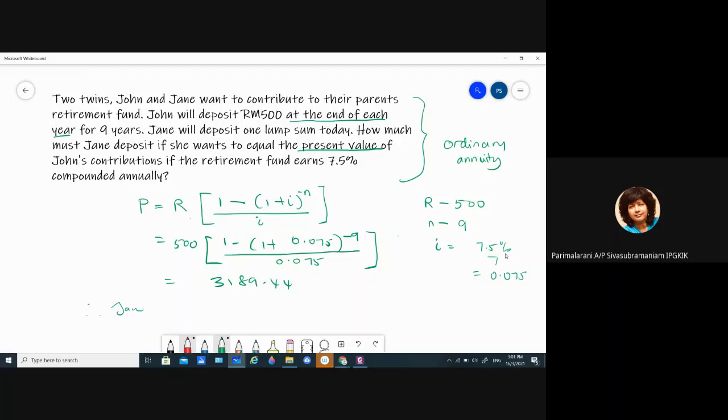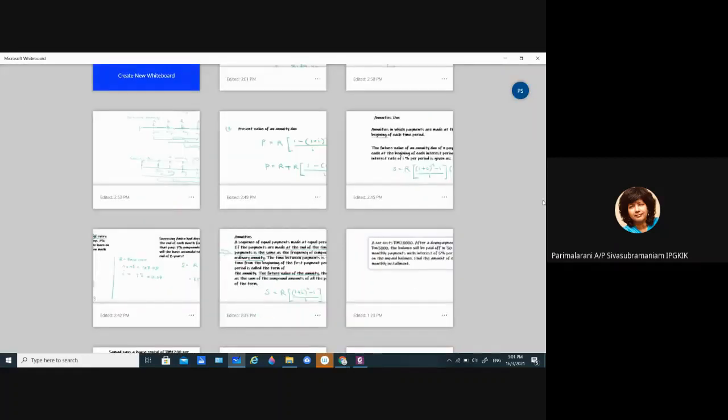Therefore, Jane's deposit will be 3,189 ringgit and 44 cents. So today she must pay this amount. This is what John's money is worth today. His future value will be different because he would have earned interest. Okay, let's go on to the next question.